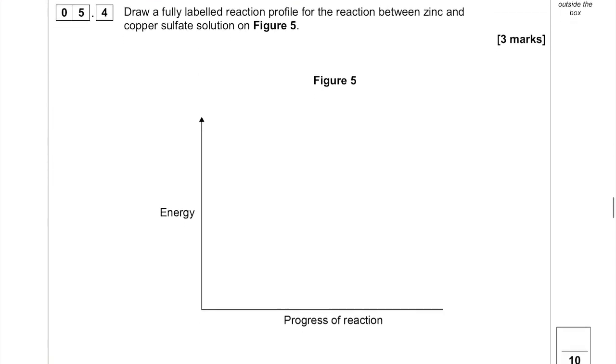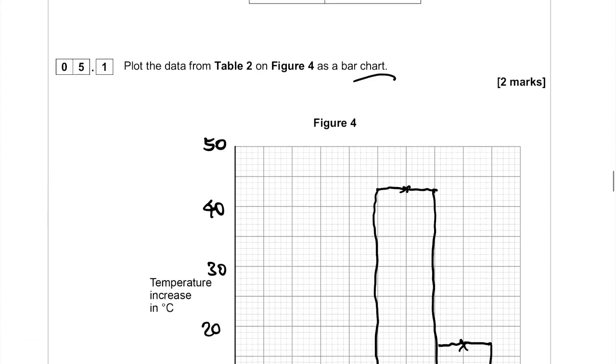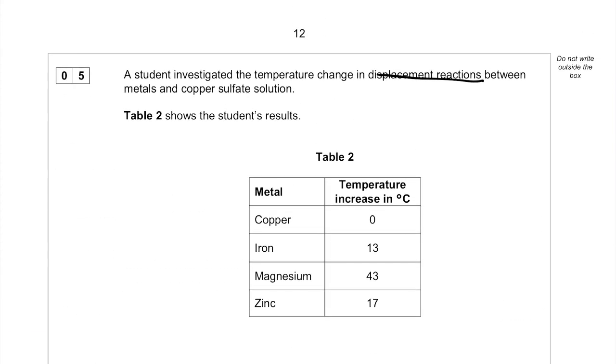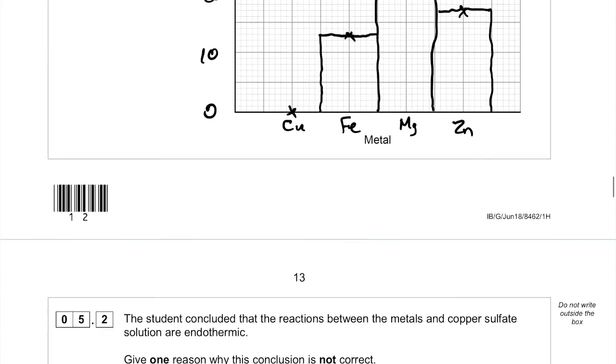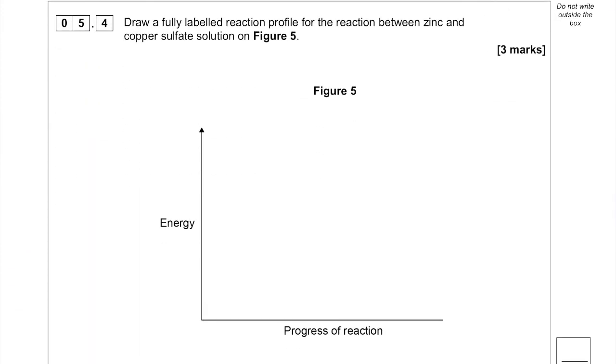And yeah, the next part is 5.4, draw a fully labeled reaction profile for zinc and copper sulfate. Again, if we look back up, zinc is 17, increase in temperature. So this is exothermic, which means that the reactant is higher in energy than the product.